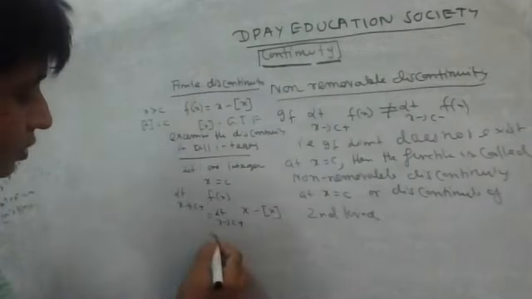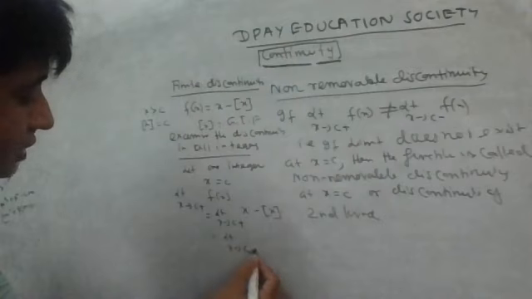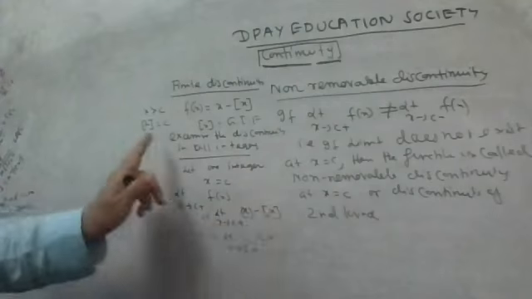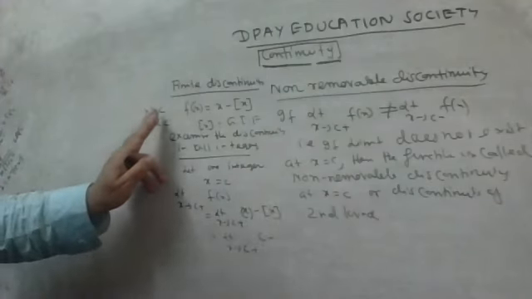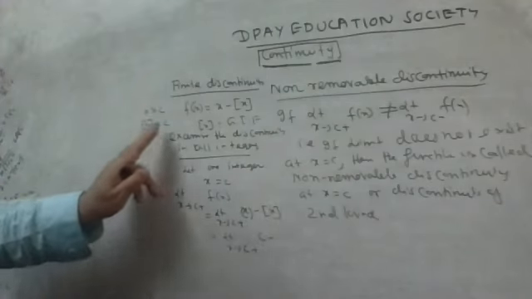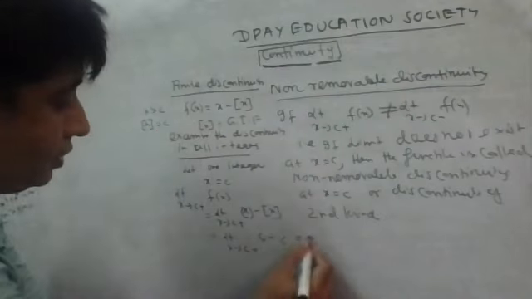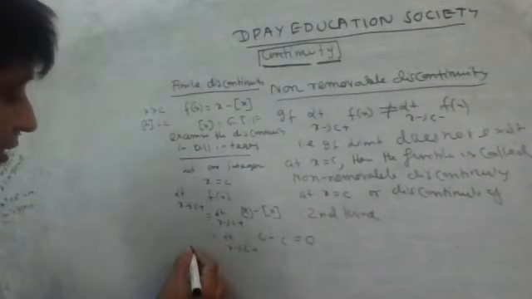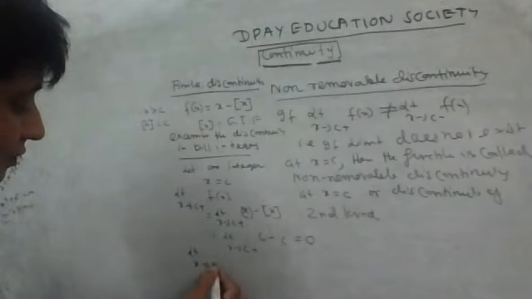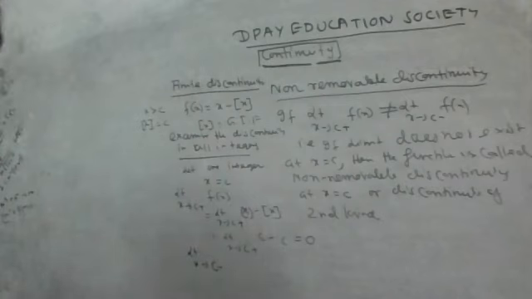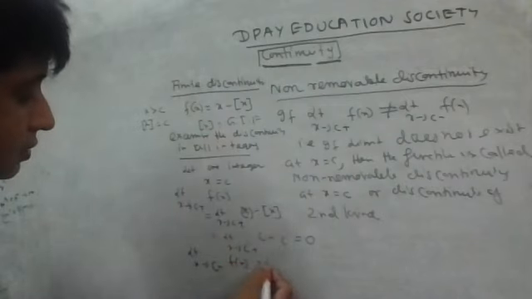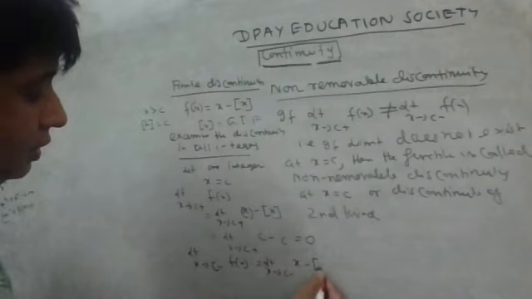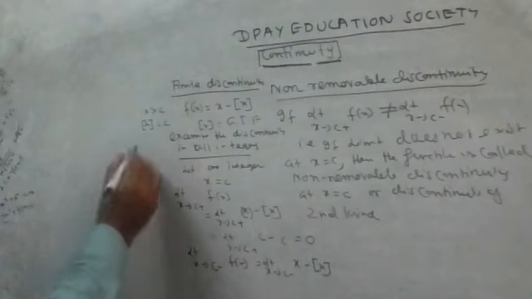C only. So in place of x I will put c, and [c]; if x tends to c plus, [x] will be c. So right hand limit will be 0. But in case of left hand limit, x tends to c minus, that is x minus [x].